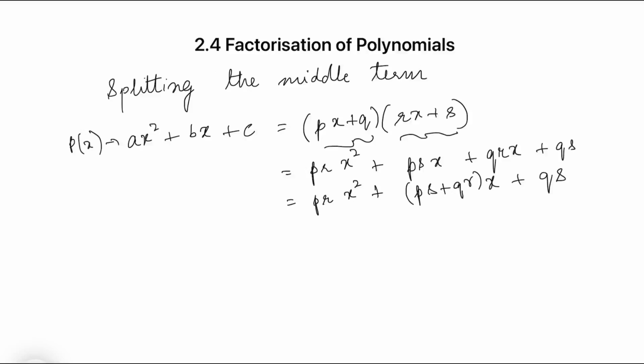Equating the coefficients on the two sides, we get a is equal to pr, b is equal to ps plus qr, and c is equal to qs. If you had the value of some of these constants, that is a, p, r, b, c, etc., you can find the missing value.